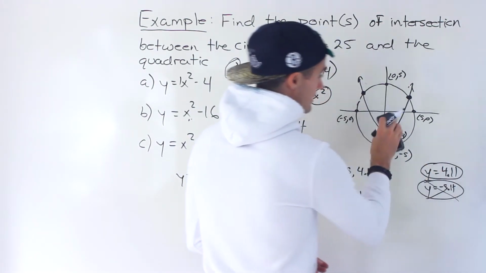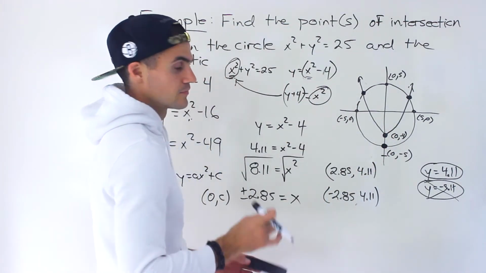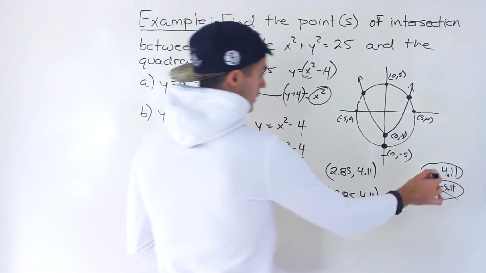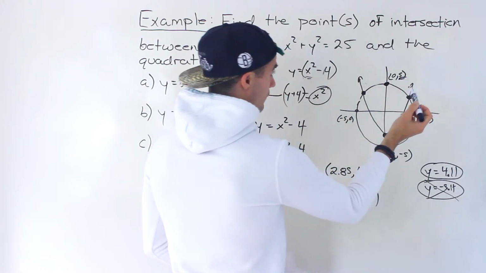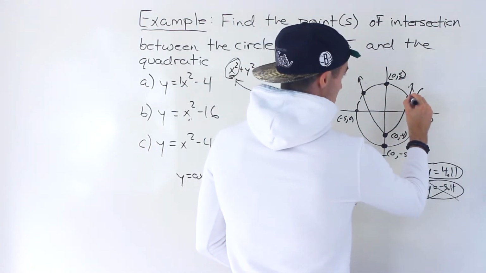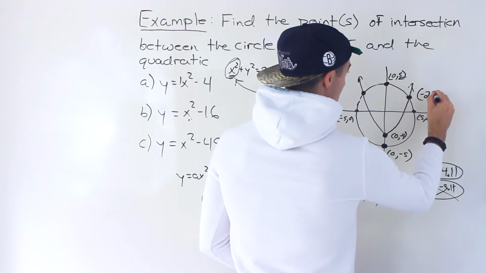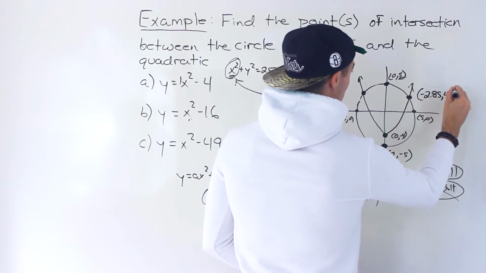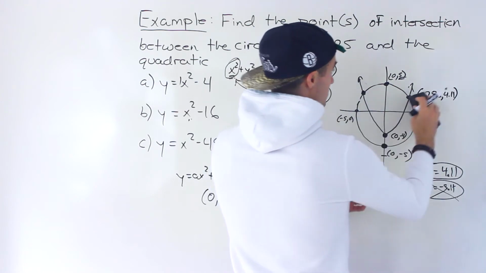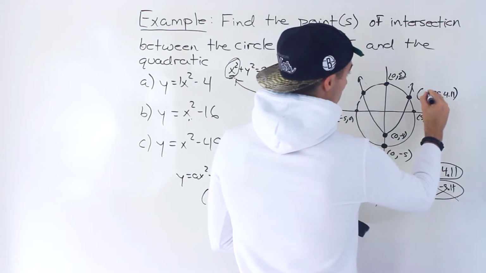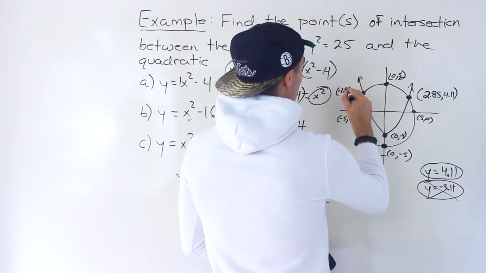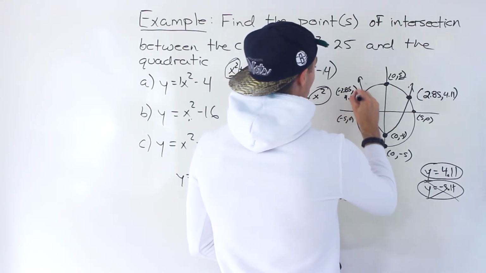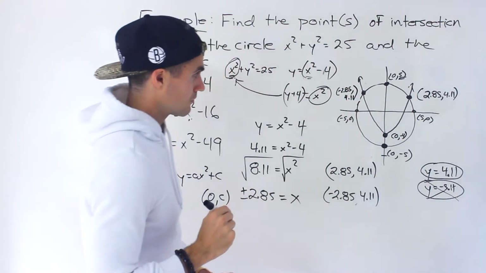Those points wouldn't be intersecting that circle. 4.11, on the other hand, is below that y value 5. So this point is positive 2.85, 4.11, and then this point here is negative 2.85, 4.11, like that.